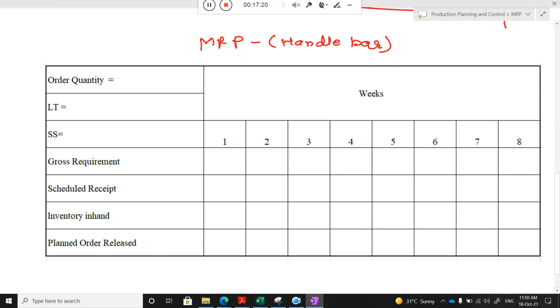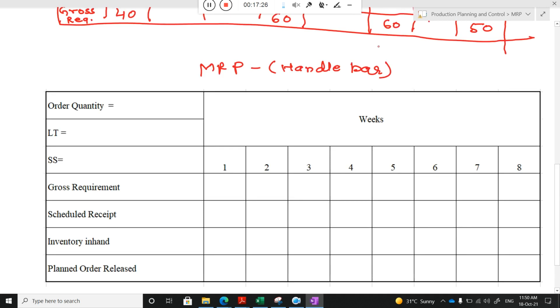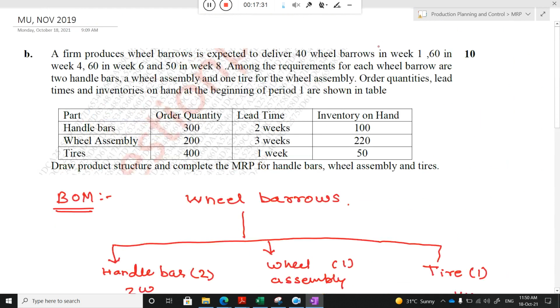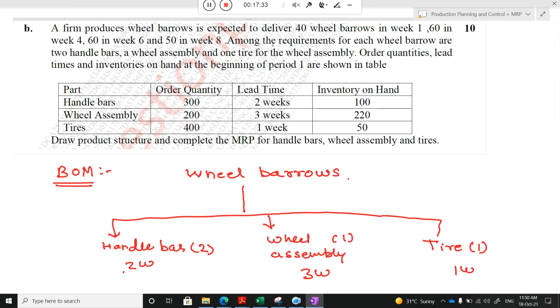Okay, so now I need to draw the MRP for handlebar. I go again to the main table, and what is the order quantity requirement? That is given here. For handlebar, the order quantity is 300. Are you getting my point? That is the given data.